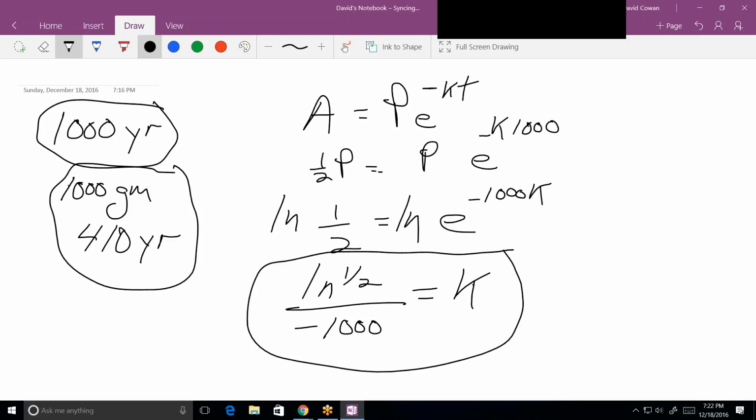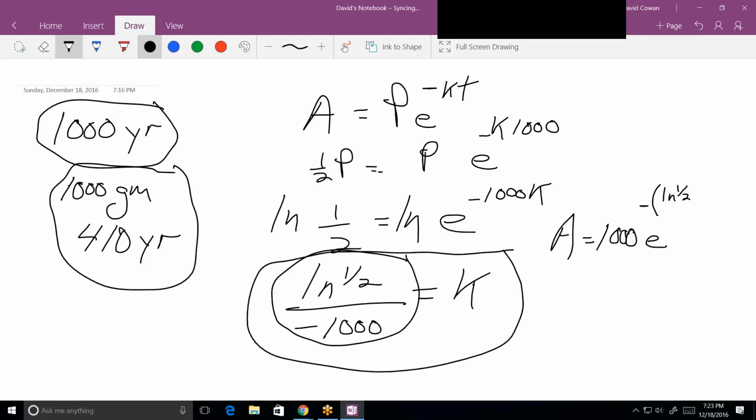All right. Now, the rest of the problem I can do. The amount, they're saying, if I started with 1,000 grams, e to the minus that, well, I've got to be careful with how to write it here.